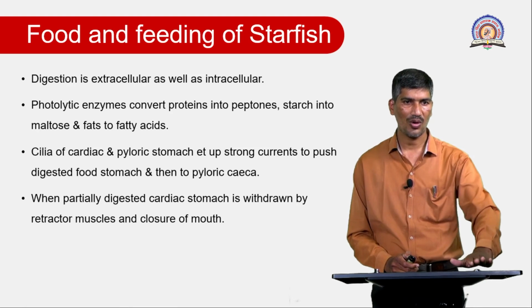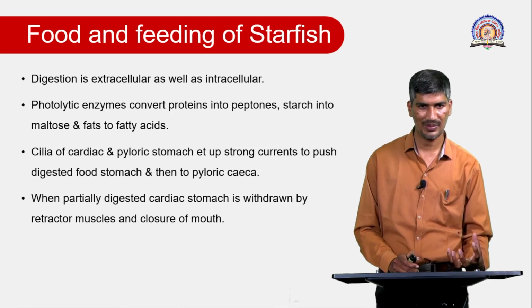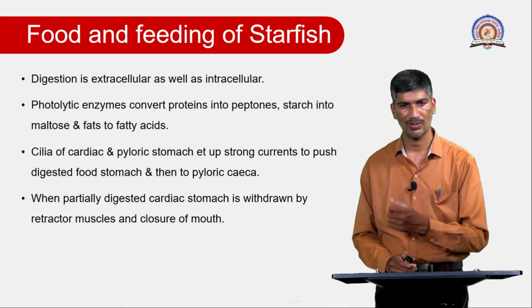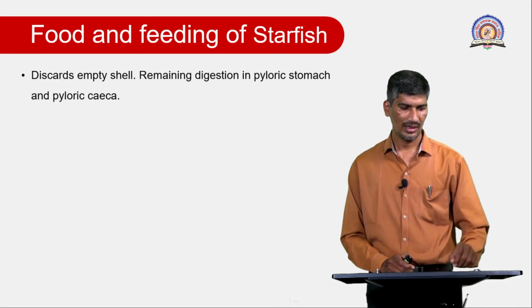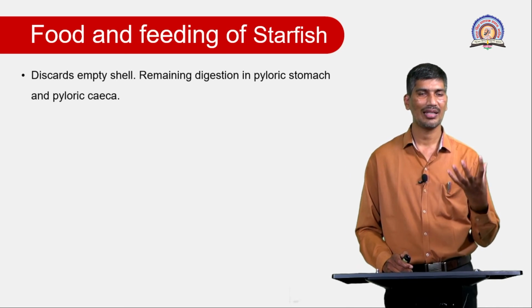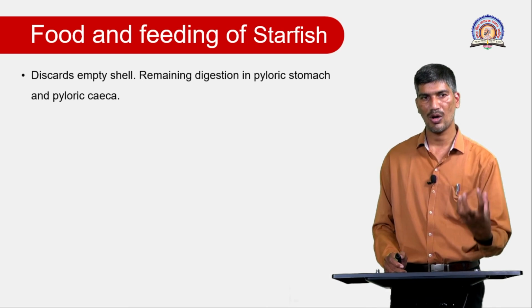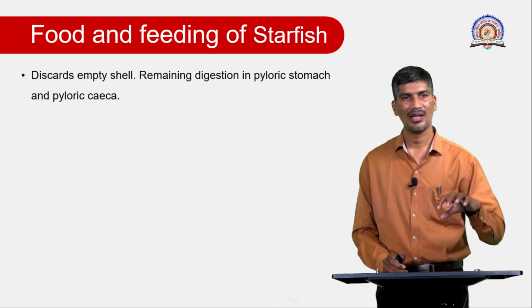As well as, all the partially digested food content found in the cardiac stomach is withdrawn by a tract of muscles closer to the mouth, to the next part, the pyloric stomach. Then, you know that the starfish takes the whole mollusk organism inside the cardiac stomach.